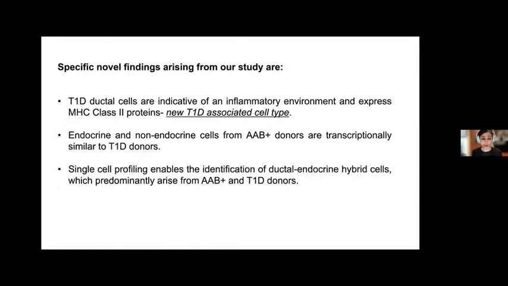In other aspects of this study, again, I didn't have time to show you, we found a really interesting resemblance in gene expression profile of many different cell types in autoantibody positive donors and type 1D donors.